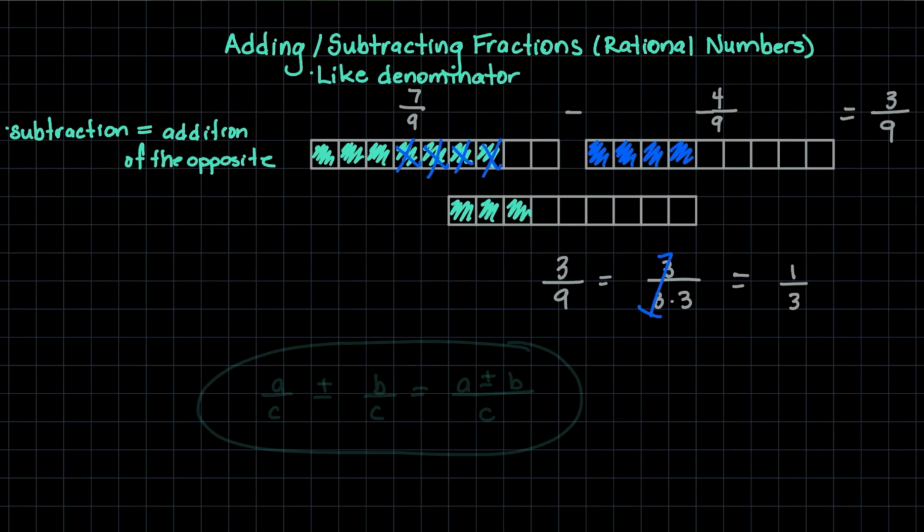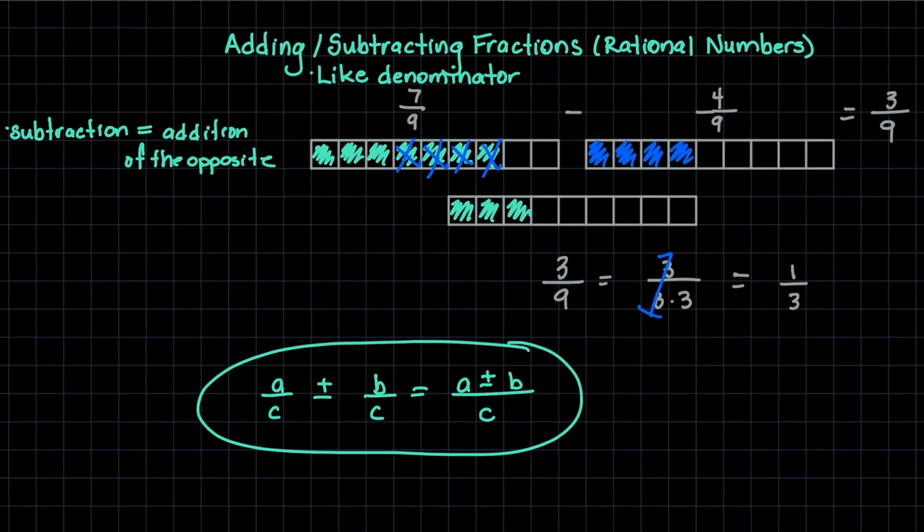So as a recap, when we're adding or subtracting fractions with the same denominator, I'm going to put A over C plus or minus B over C. We add or subtract whatever is in the numerator. We keep the denominator the same.